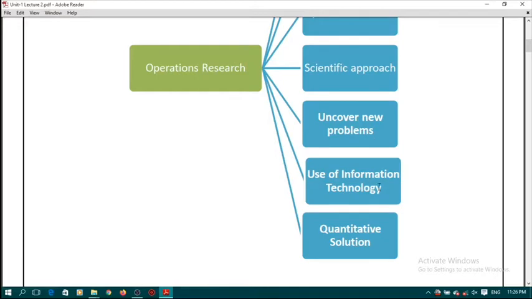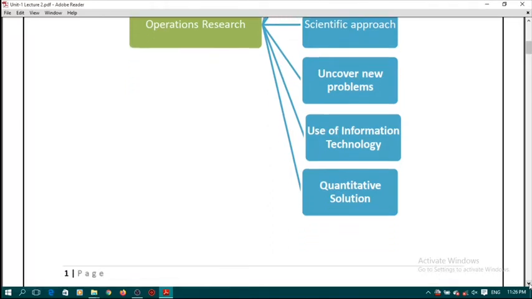Use of information technology. So in real life we are dealing with so much data, and to process it, to find the solution, we need some software or computers. So that's why it uses IT.